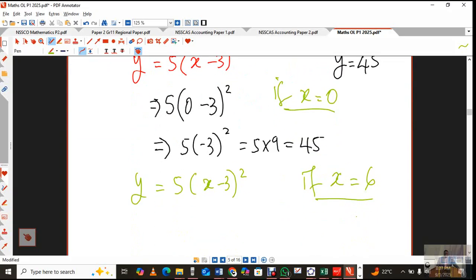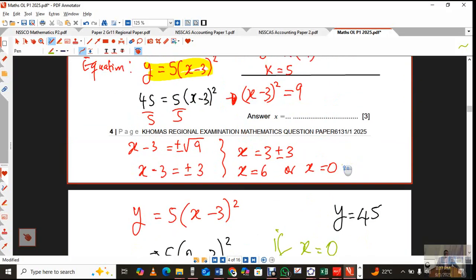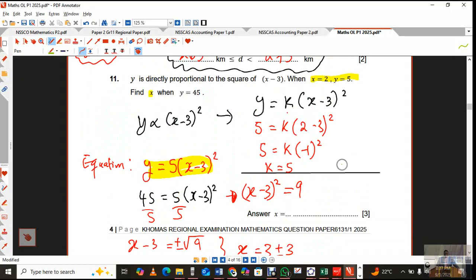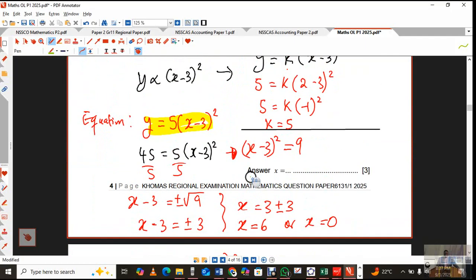We have got 5 over here, 6 minus 3 all squared. Now 6 minus 3 is 3, so I'm going to have 5 times 3 all squared, which is 45. So you can see that both answers, x equal to 0 and x equal to 6, seem to be working, right?